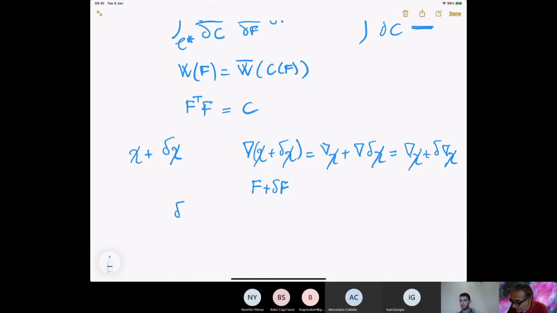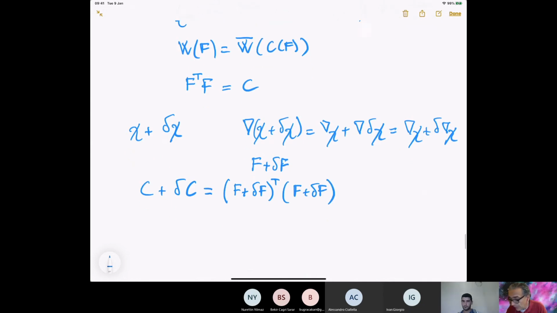So delta c is equal to: c plus delta c is f plus delta f transposed times f plus delta f. So what we need to calculate is delta c, so I must subtract c: c plus delta c minus c.